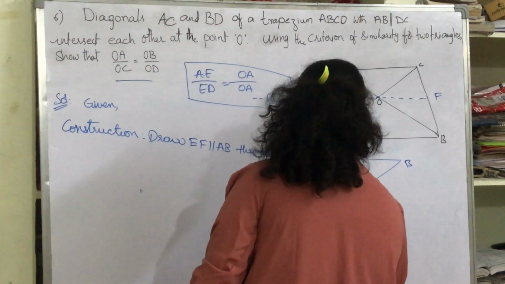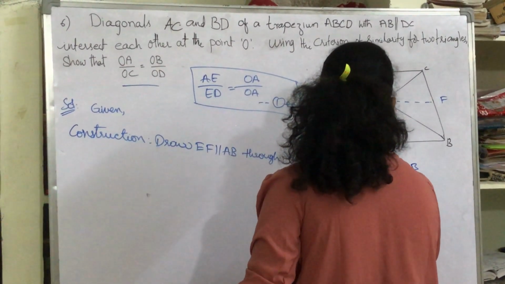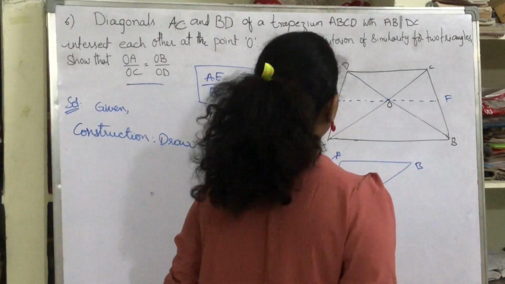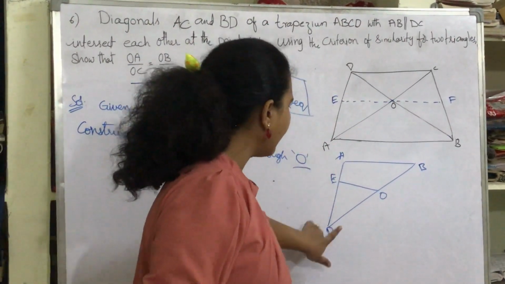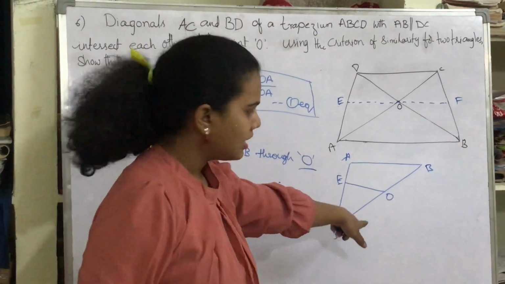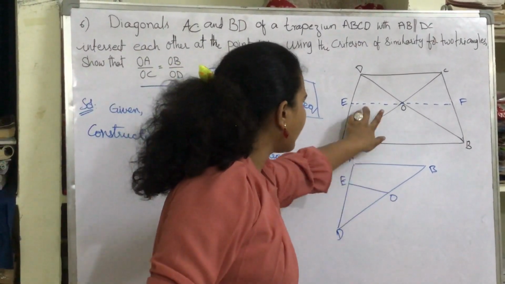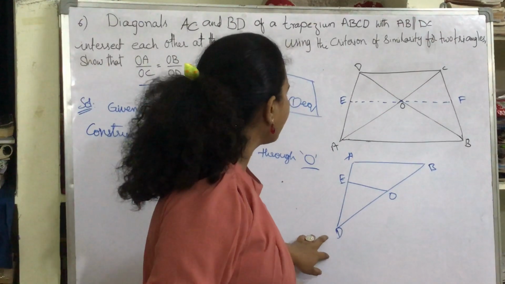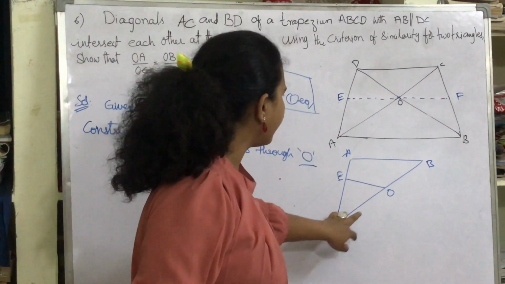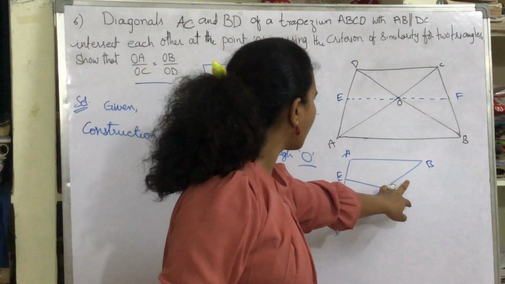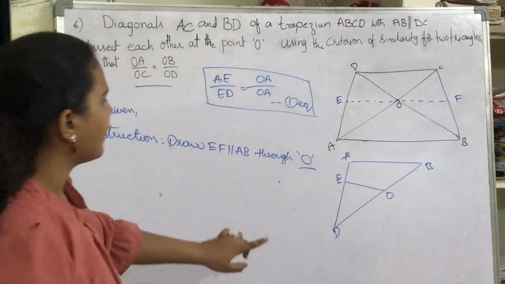Here EO is parallel to AB, where E is on AD and O is on BD.